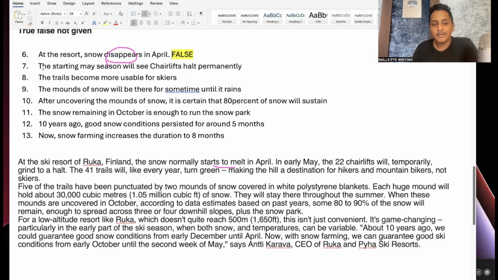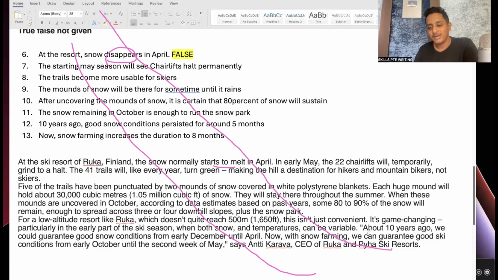The next one. The starting May season will see chairlifts halt permanently. What is the answer? Chairlift is, let's say there is an area like this, and you have a rope. On that rope, they will have some chairs. You sit, and they will take you. That's a chairlift.